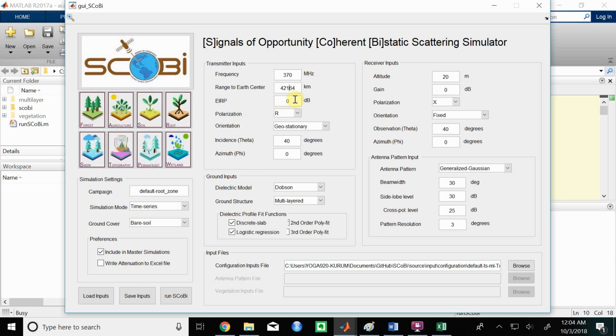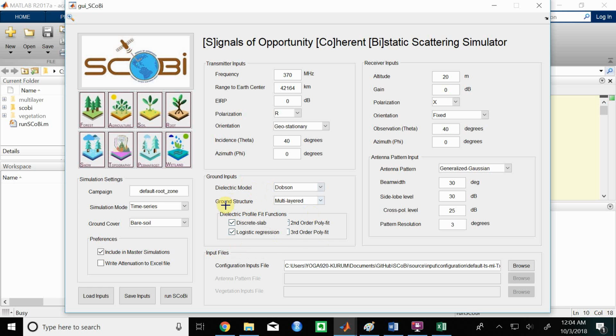Change this value if it works for your problem. Polarization is whatever it needs to be for you. This is important. This makes sure that we don't have to add in those theta and phi columns into our configuration inputs file. And this is our constant look angle for our new geostationary satellite.